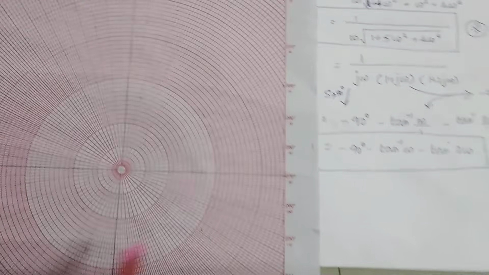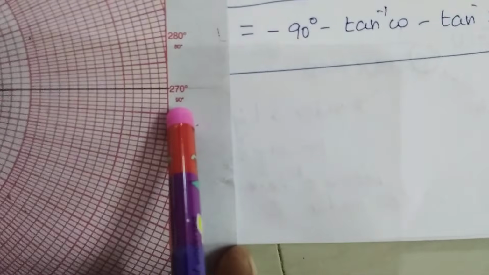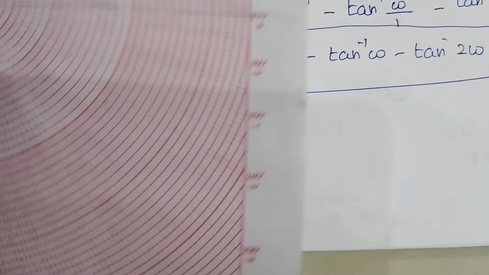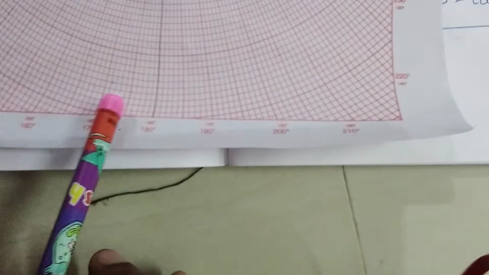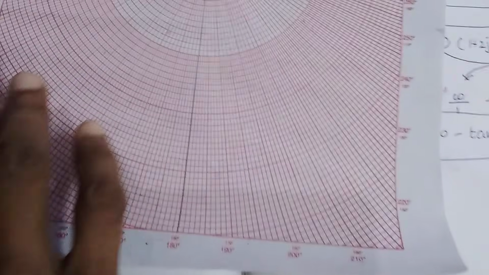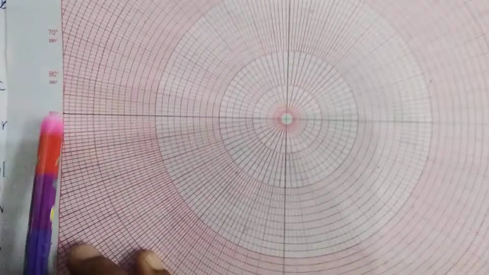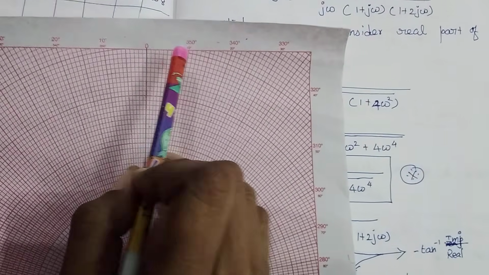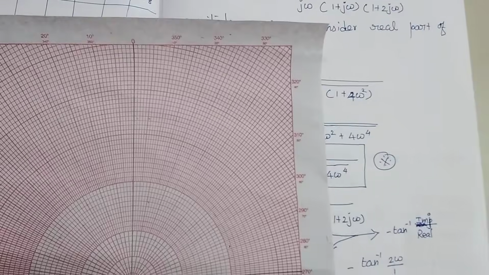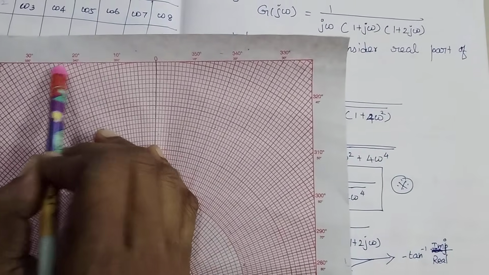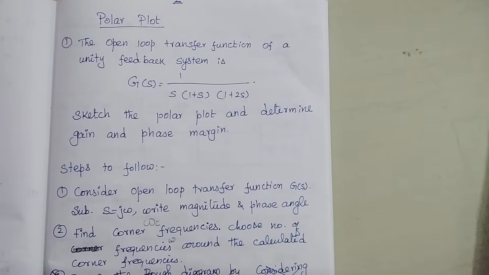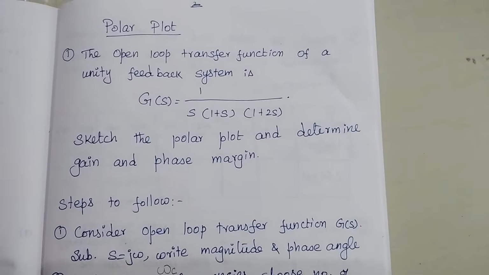Similarly up to minus 90, then minus 180 and minus 270. So the angles represent negative values in the clockwise direction, and in the anti-clockwise direction we have the positive values. With these points, I will move on to the problem.